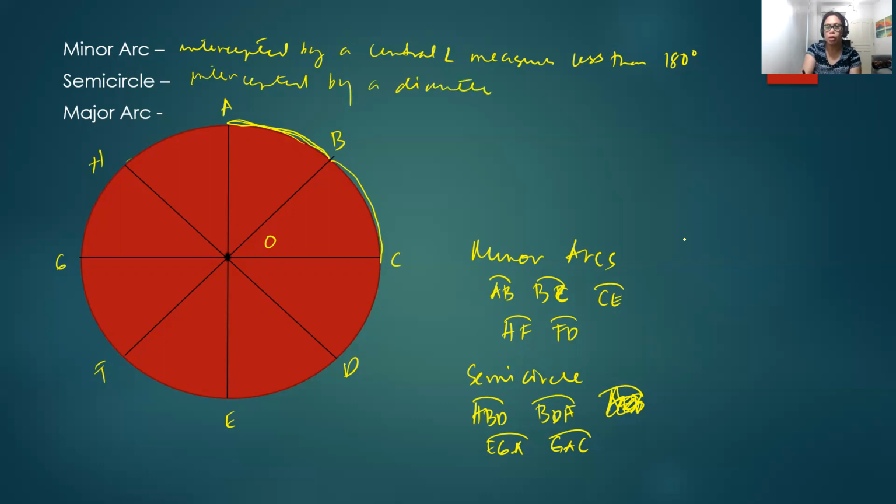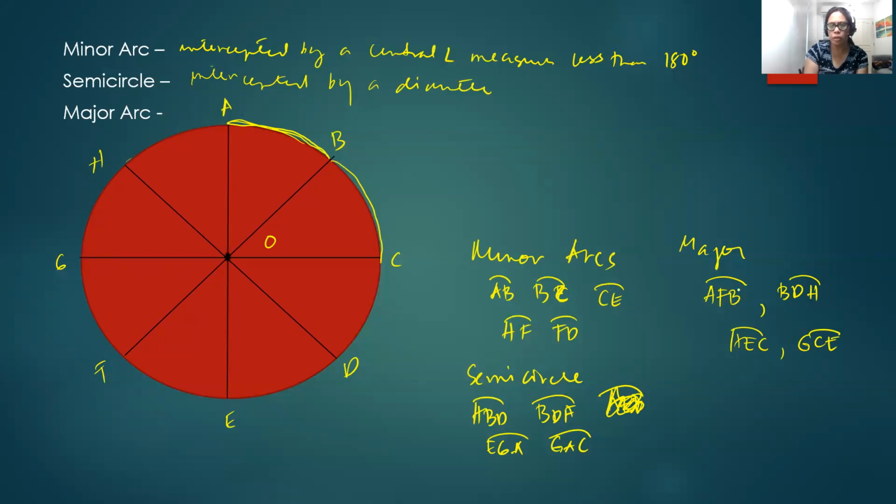Now we have major arcs. With major arcs, we have arc AFB, arc BDH, major arc HEC, and another major arc, GCE.